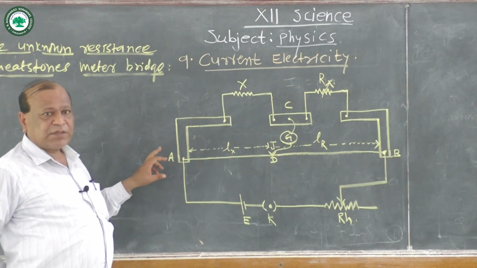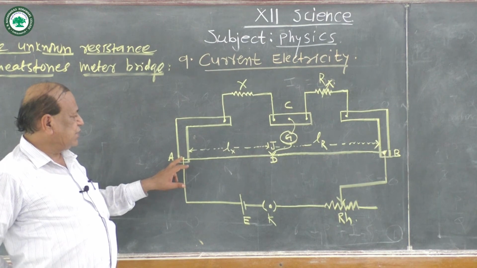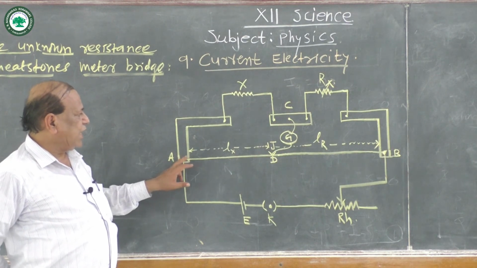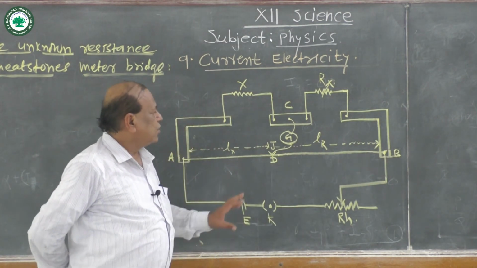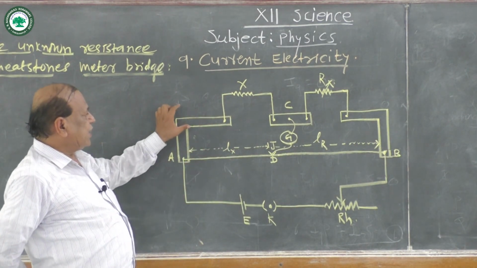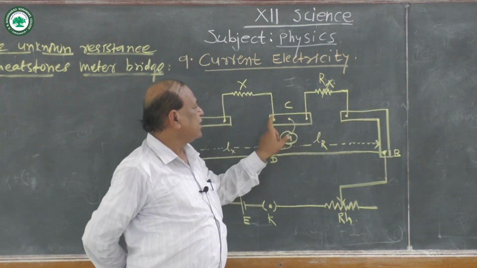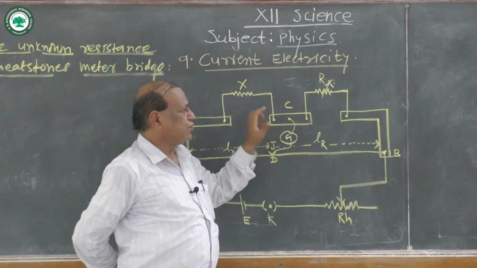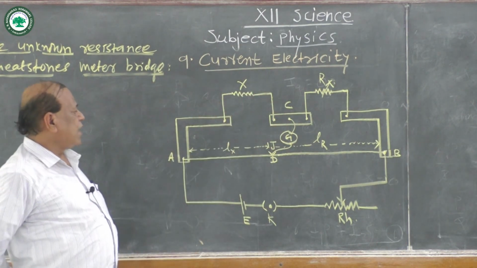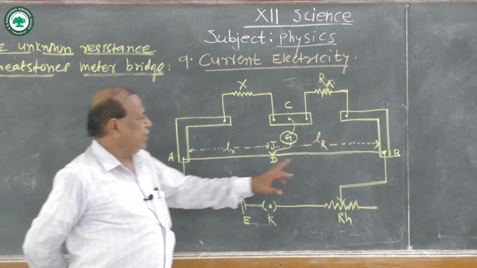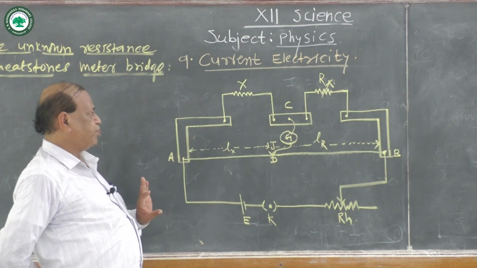A 1 meter uniform wire is stretched in between point A and point B. These metal strips, L-shaped, these two metal strips, and this third C metal strip are fitted on a wooden board, and this wire AB is stretched in between these 2 points.